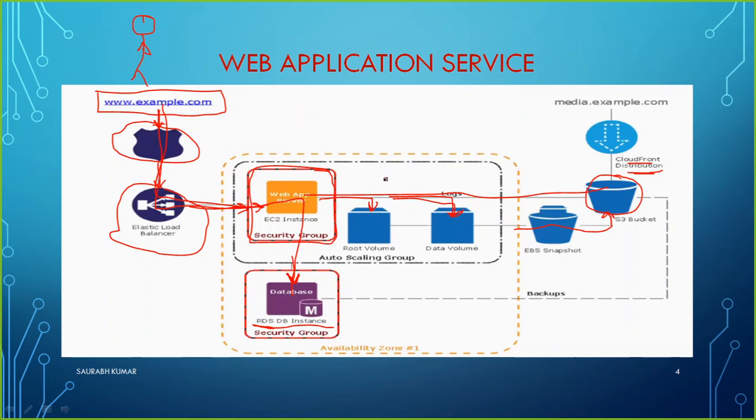But to check and verify that everything is working properly, is my instance running properly, is my security group okay, is my database running fine, is my S3 bucket running properly, is my snapshot mechanism running well, to check and verify all this, we must have some management tool, some monitoring tool also.